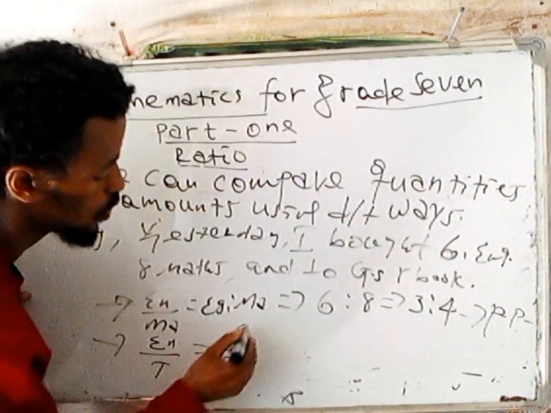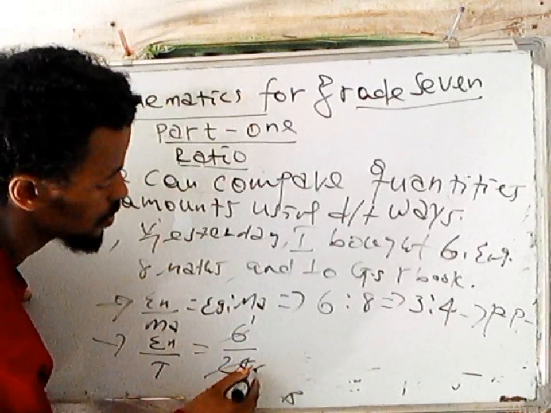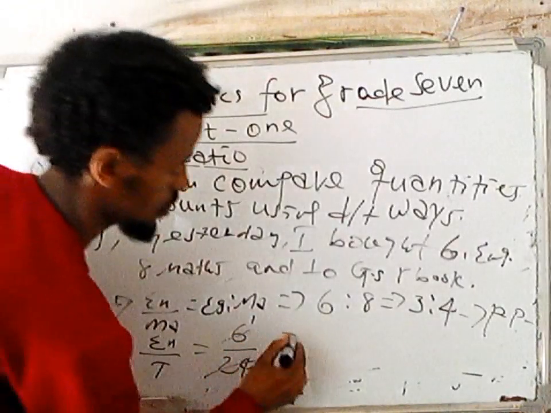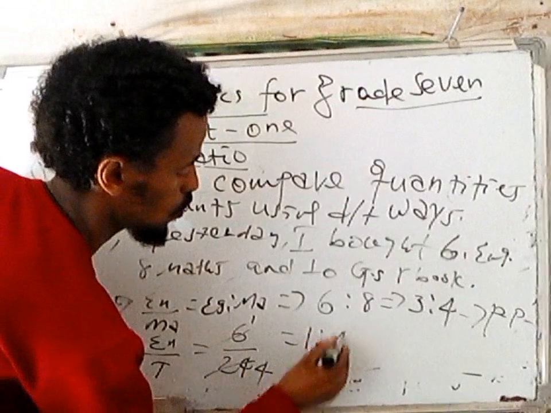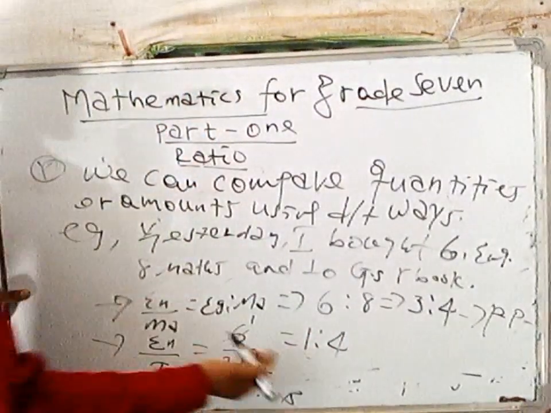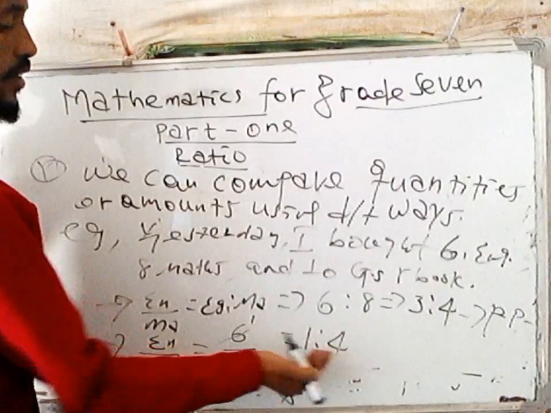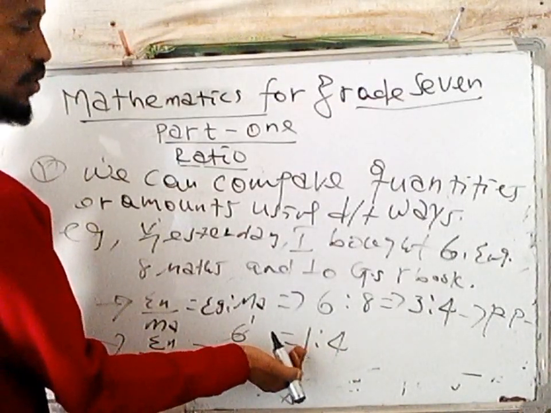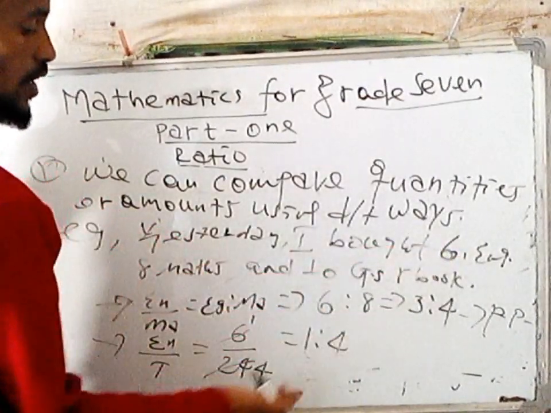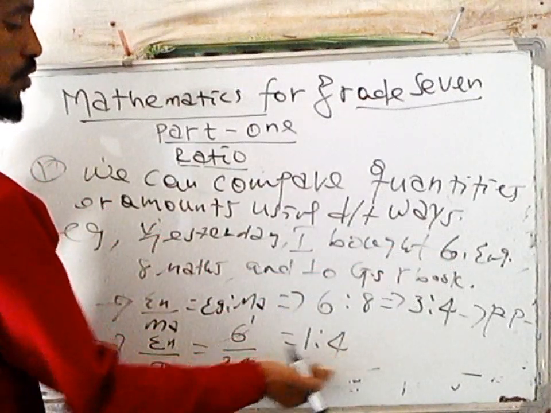In simplest form, 1 to 4. That means I'm comparing the part to the whole: the number of English reference books to the total number of reference books.